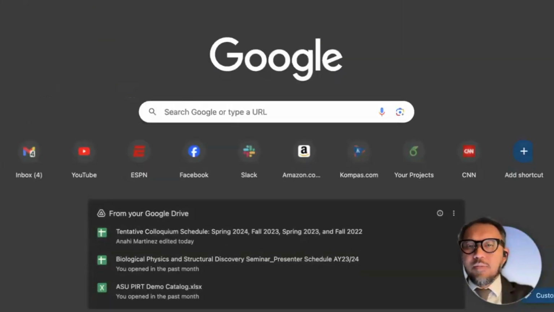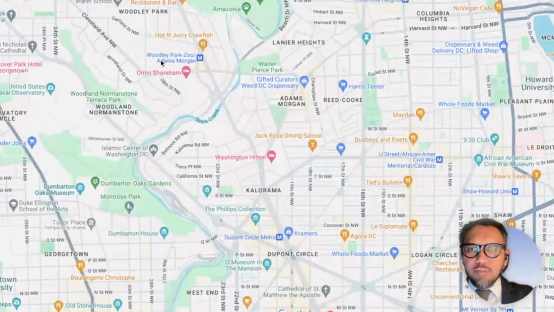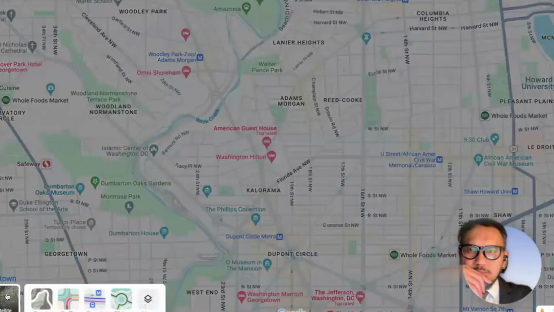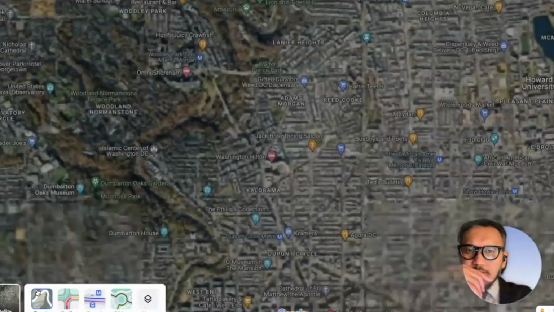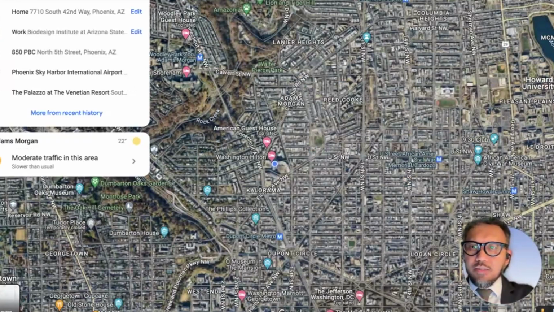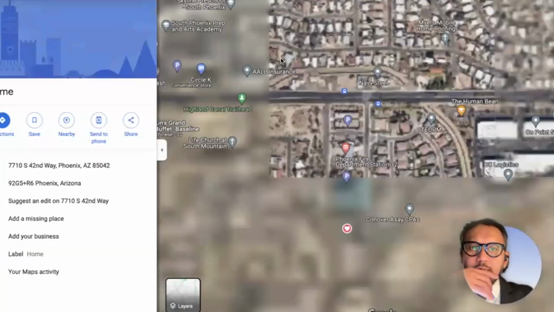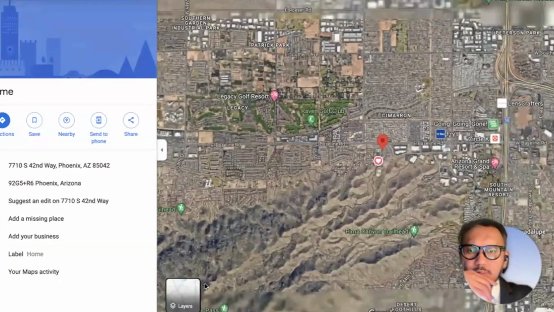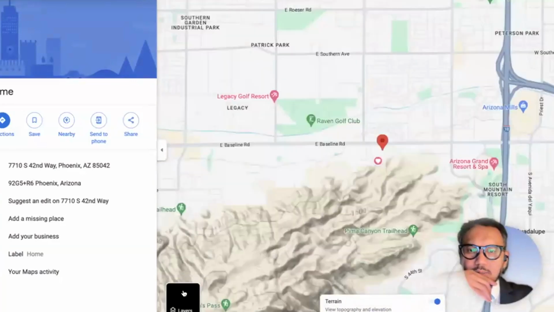If you go to, for example, maps, so this is South Mountain. Well, this is really boring.